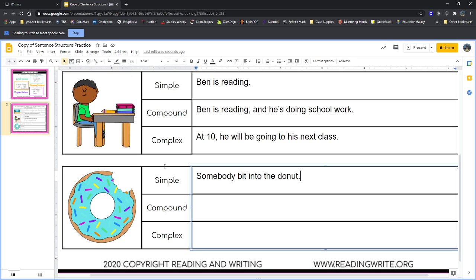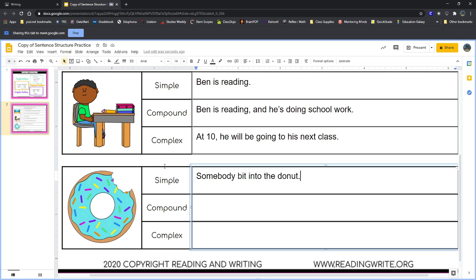Now to make it a compound sentence, I need another simple sentence that I could combine with that. So what's another simple sentence that I could combine with that first one? Alexa? Okay.